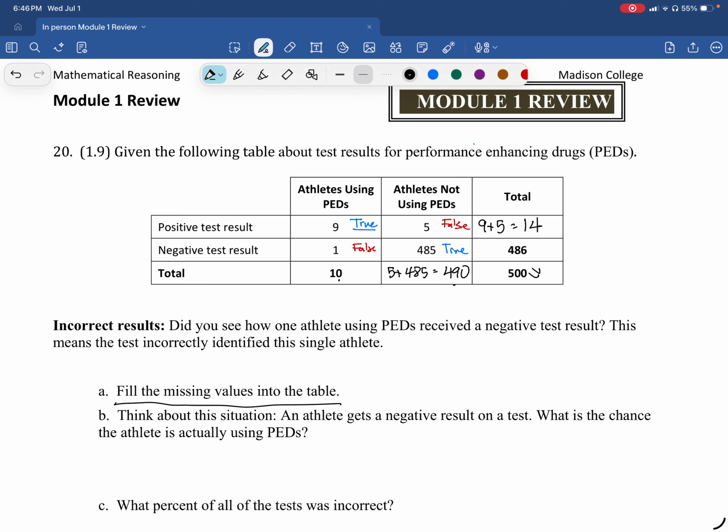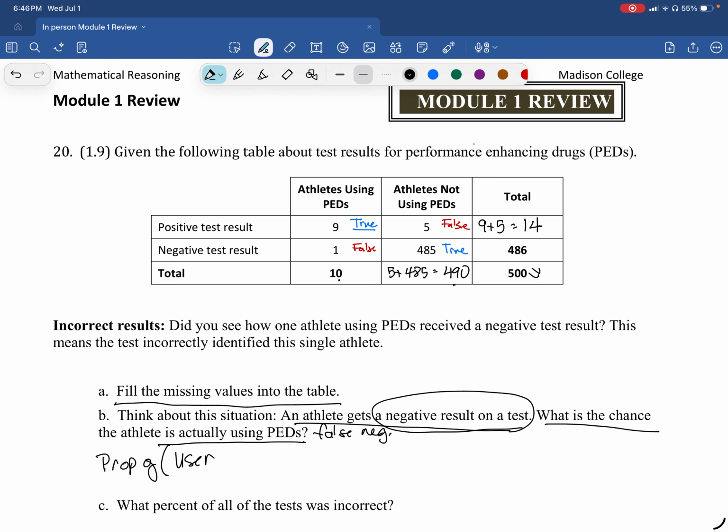Think about the situation. An athlete gets a negative result on the test. What is the chance that the athlete is actually using PEDs? So that's a false negative. So this is asking for the probability of a user given a negative test.